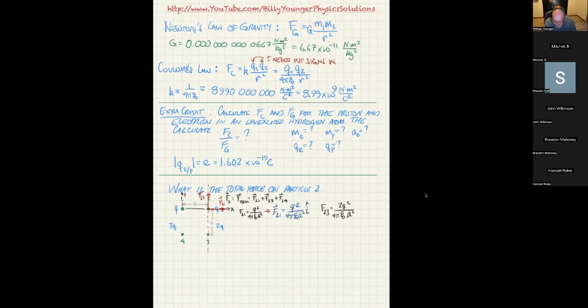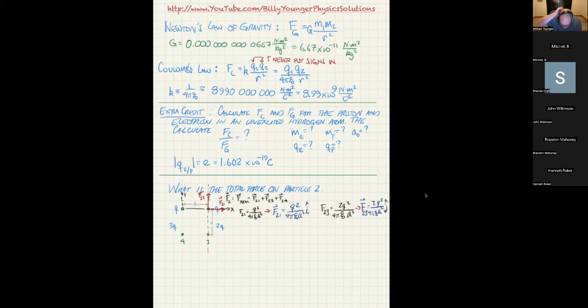Everybody follow that? So F23 is going to become 2Q squared j hat. Notice that's a j hat, not an i hat. Over 4 pi epsilon naught a squared. So now we have the vector part of that.